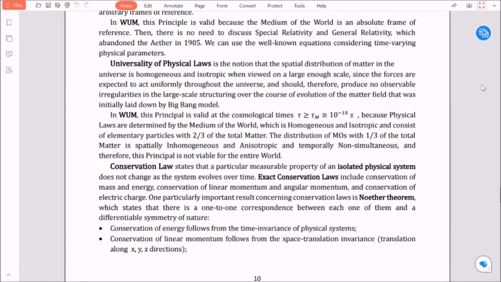One particularly important result concerning conservation laws is Noether's theorem, which states that there is a one-to-one correspondence between each one of them and a differentiable symmetry of nature. Conservation of energy follows from the time invariance of physical systems. Conservation of linear momentum follows from the space translation invariance, translation along x, y, z directions.